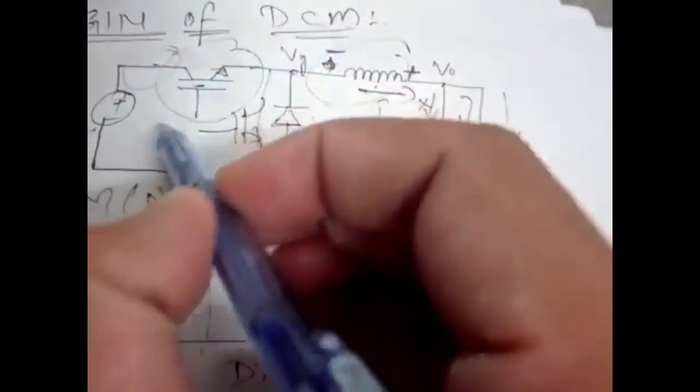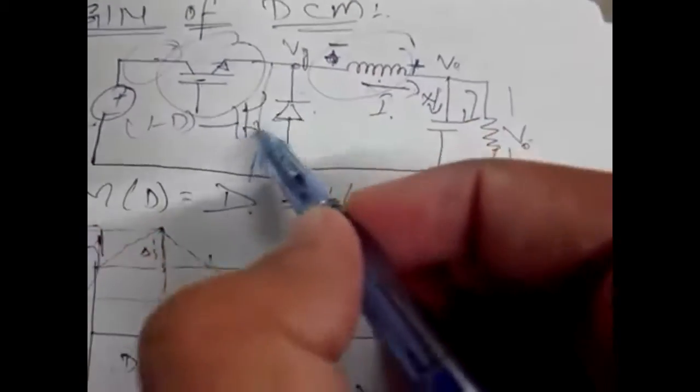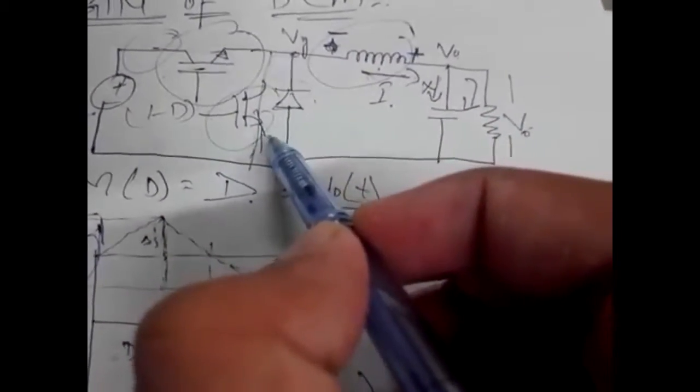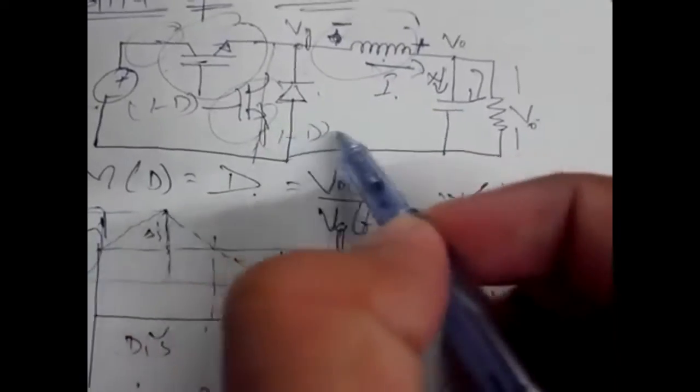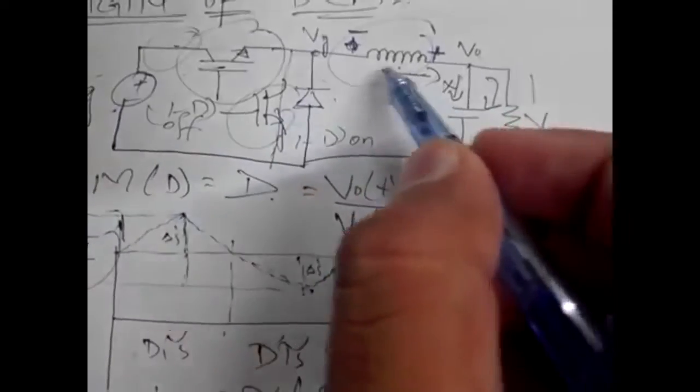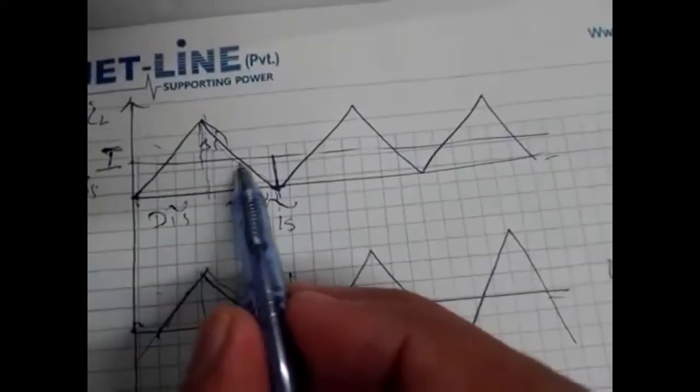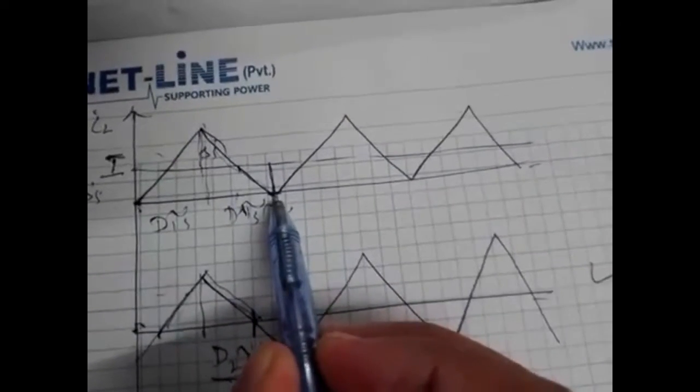Although this switch is off for 1 minus D and this switch is on for 1 minus D, this inductor charges negatively and that charge is this.